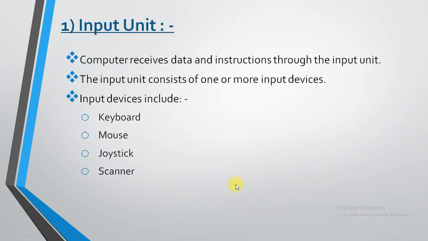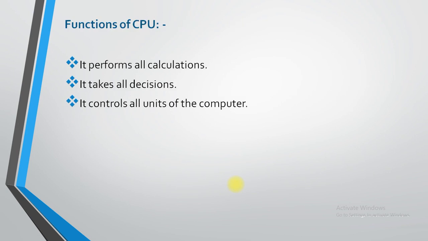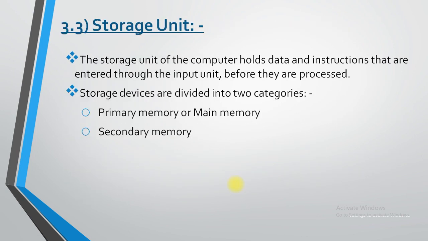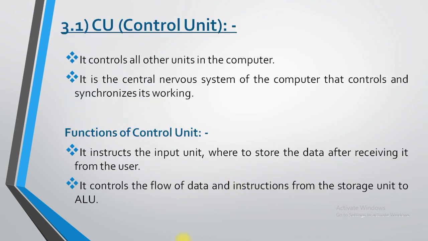So the function of the control unit is to control the flow of data and instructions coming from the storage unit to the ALU. These are both the tasks or functions related to the control unit.